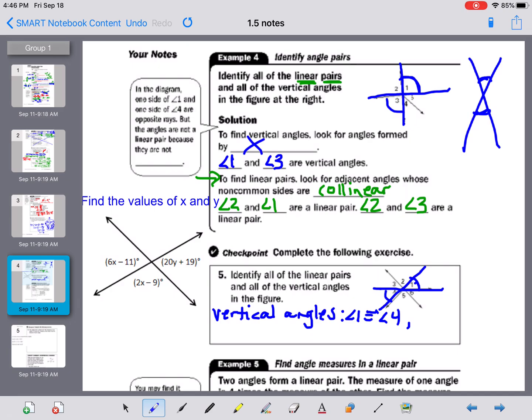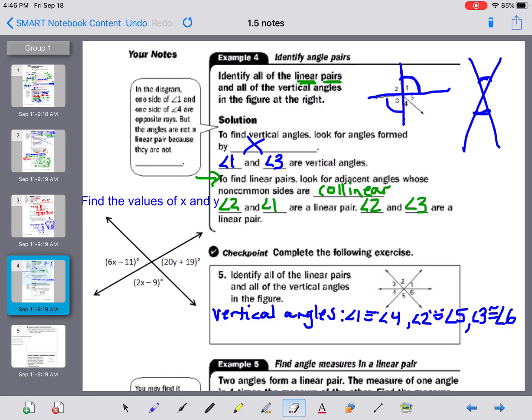Okay, what else do we see? All right, another X that makes 2 and 5, right? Angle 2, congruent to angle 5. And what's the last pair of them? Yep, angle 3 with angle 6. Okay, so we have 3 different pairs of vertical angles formed by those X's, okay?